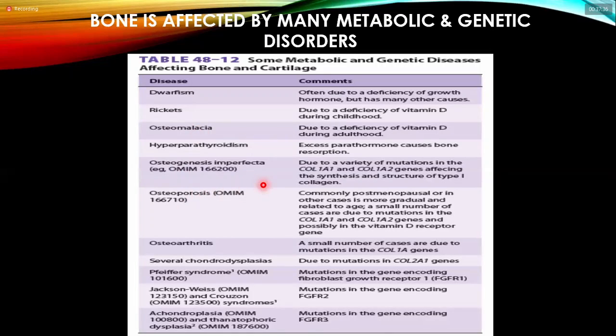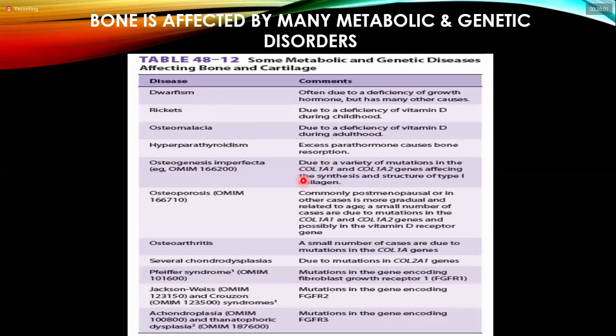While osteogenesis imperfecta as well as osteoporosis, as my colleague said before, can be related to the activation of the osteoclasts as well as deficiency of the basic component of the bone structure, which is collagen. As we said, collagen represents 90% or more of the proteins in the bone.